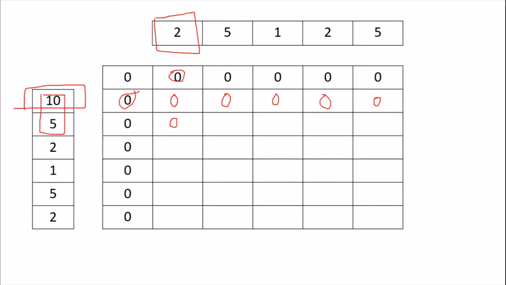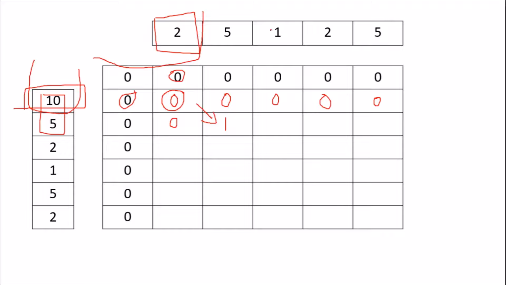Now 5 and 5, they are equal, so whatever the longest common subsequence at the previous subarray, that is up to 2 and 10, just add 1 to it, since we are including this and this element, so it will increase the size of the subsequence by 1. We add 1 to 0 and we get 1 here.